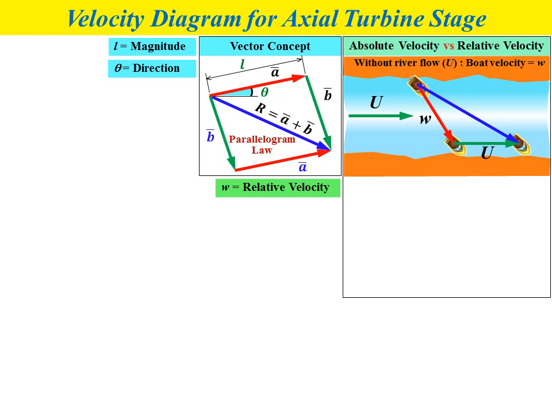So we will have a resultant vector represented by C. C represents the boat velocity vector when we consider the river flow velocity. So the C vector in this case is referred to as the absolute velocity, which is the actual velocity vector for the boat.